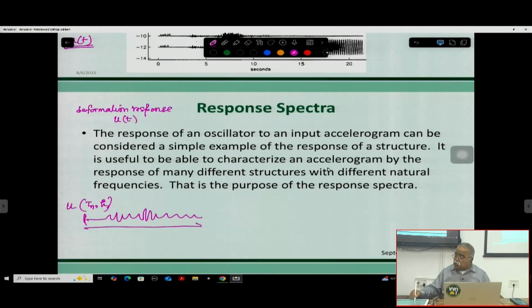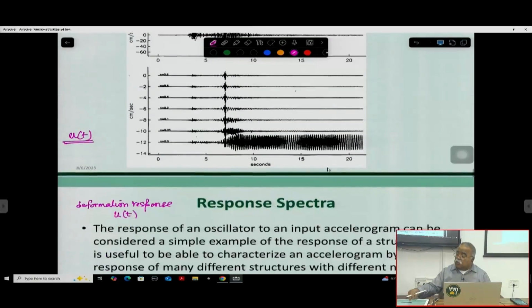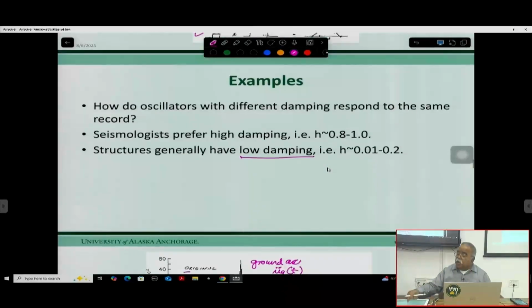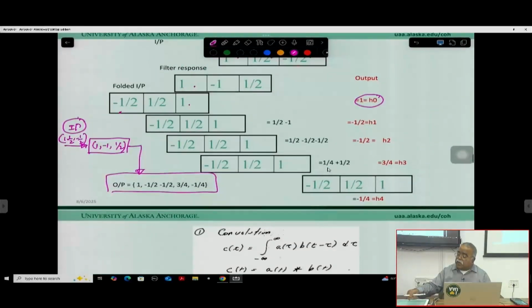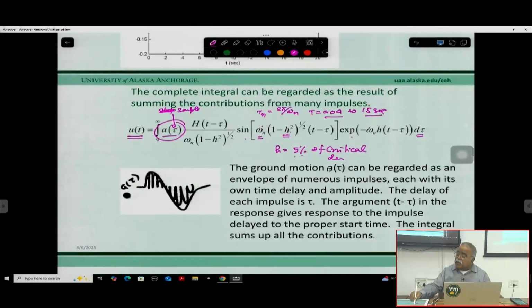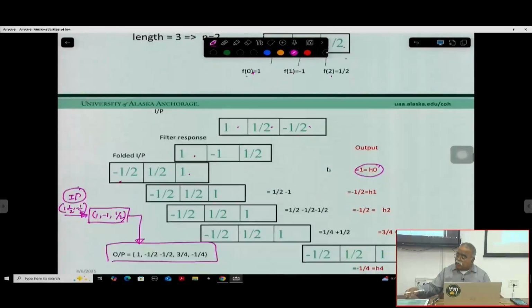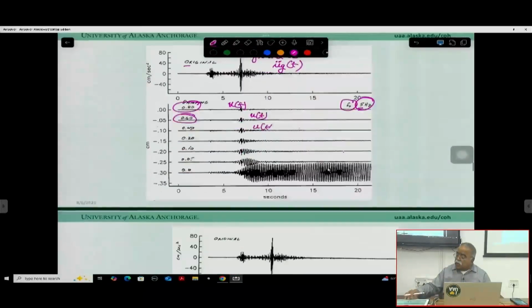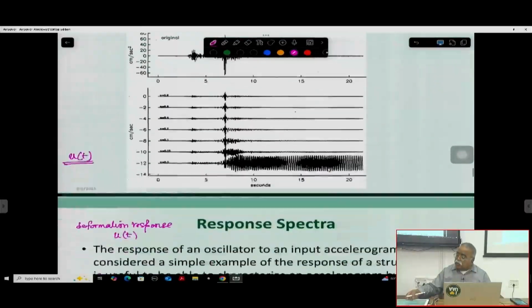So this will be the same time as the time of the earthquake, because that is your U tau, UT on the outside. This is calculated for the entire time.